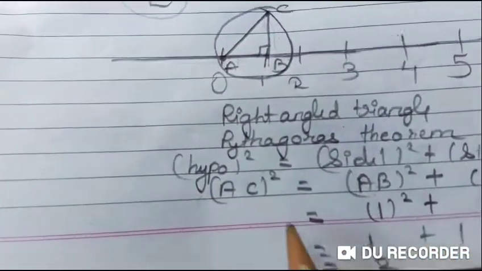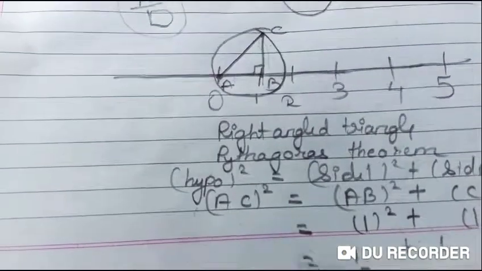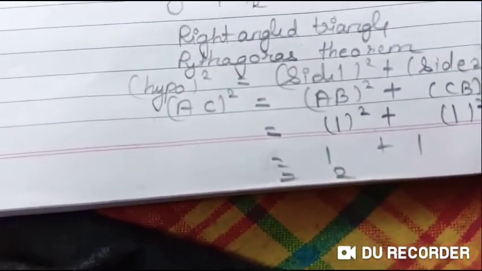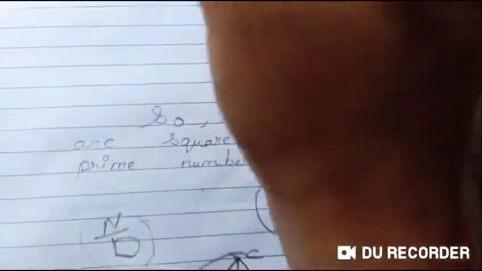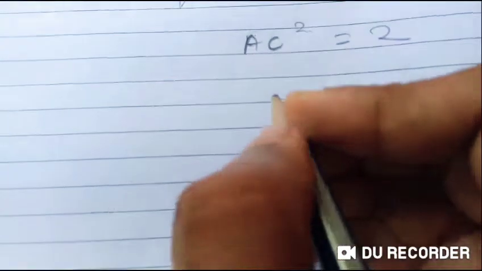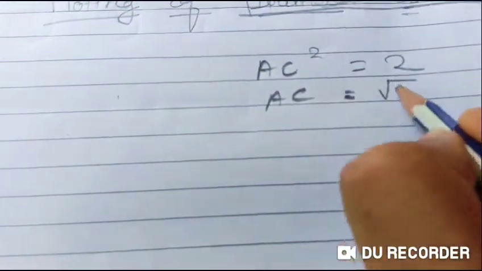Now you know AC square is 2. You got the answer as AC square is 2. We got it from here. So then what is AC? AC will be root 2.